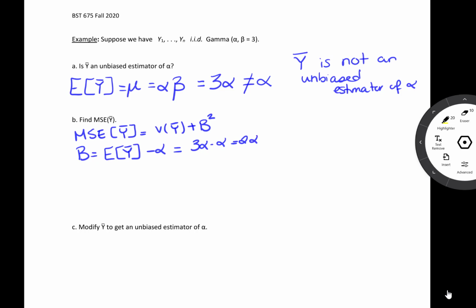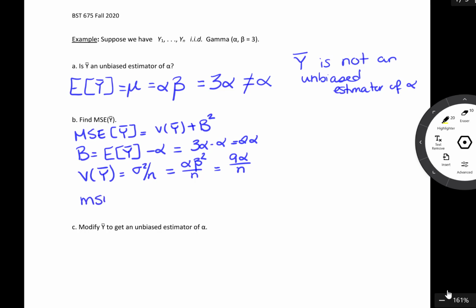And then also recall that the variance of y bar is equal to sigma squared divided by n. Well, since we are working with the gamma distribution, sigma squared is equal to alpha times beta squared. And we divide that by n. And remember that that beta is equal to 3, so we have 9 alpha divided by n.